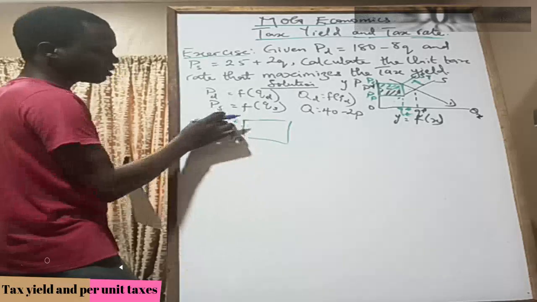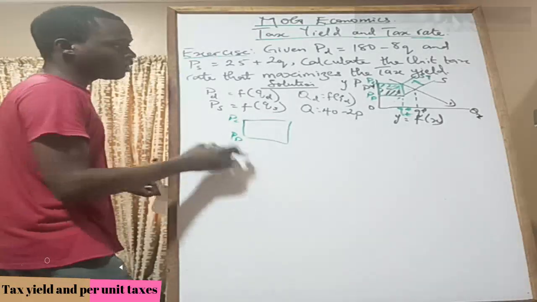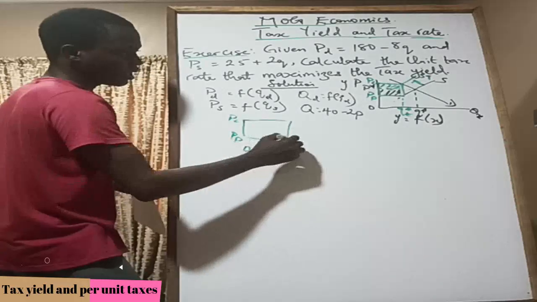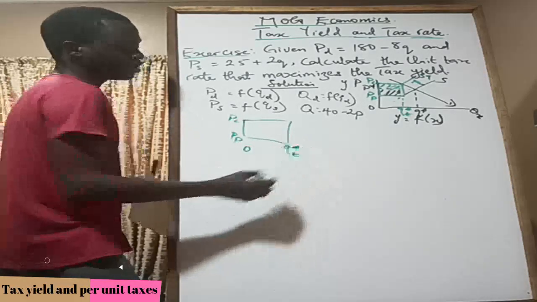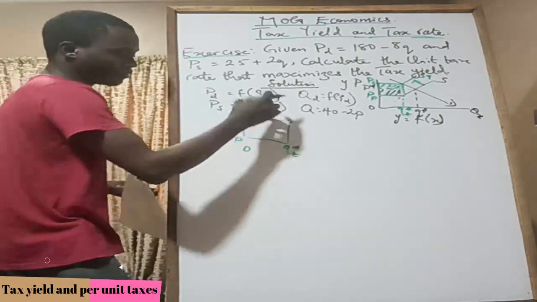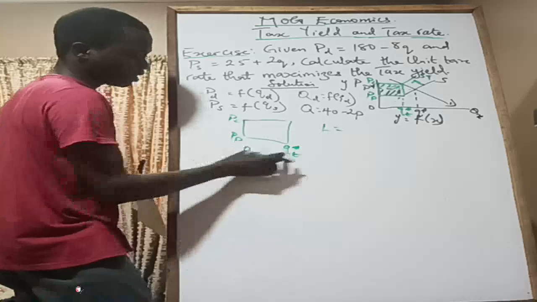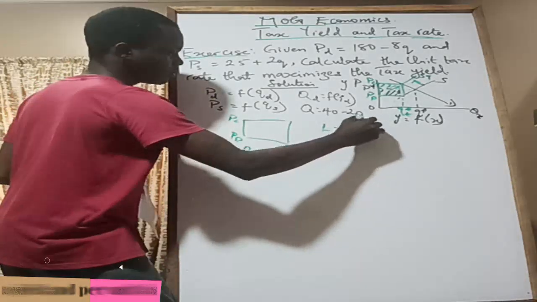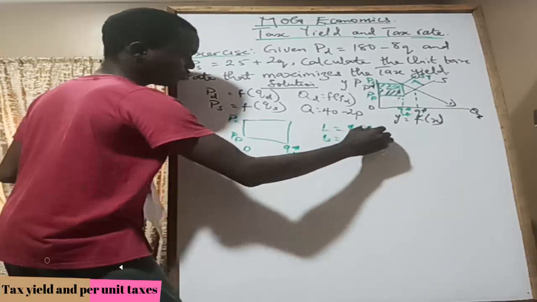This is the price that consumers are paying after tax, and the price that producers are receiving after tax. From here to here, this is zero, and this is QT star, the equilibrium quantity. The length of this rectangle is QT star minus zero, which is QT star, and the breadth is PC minus PP.